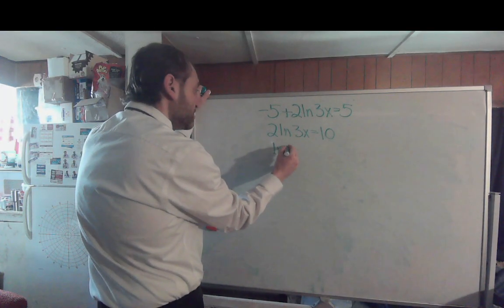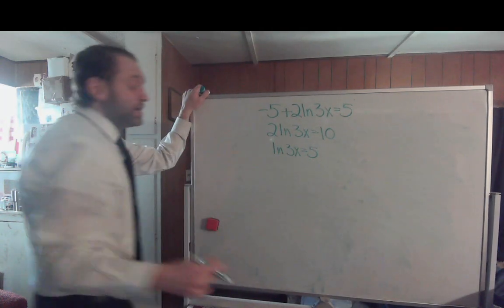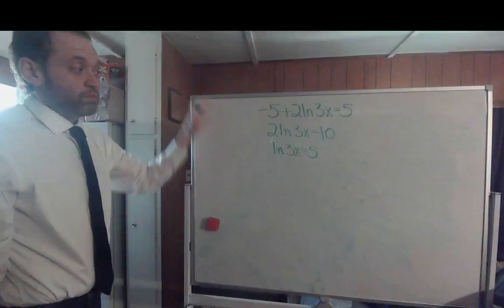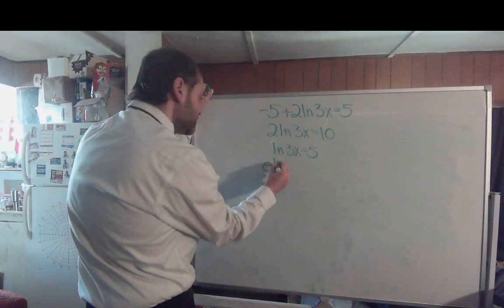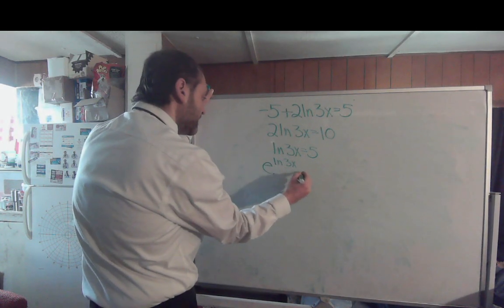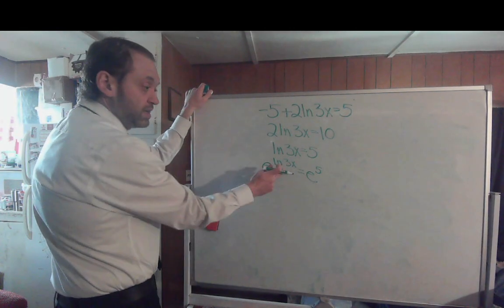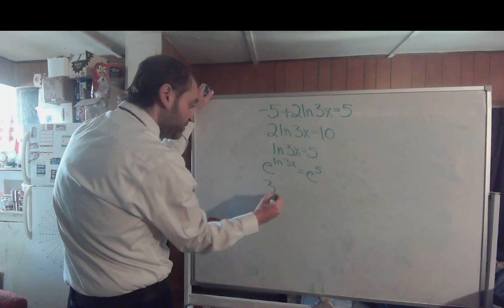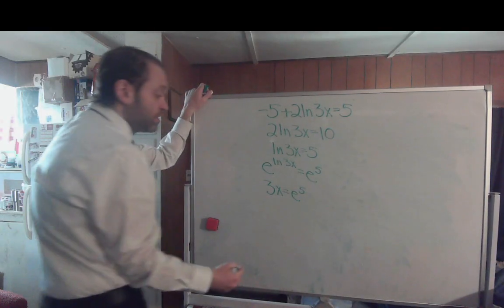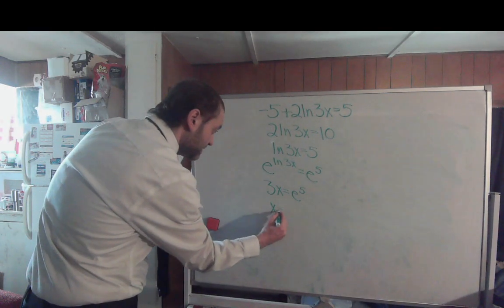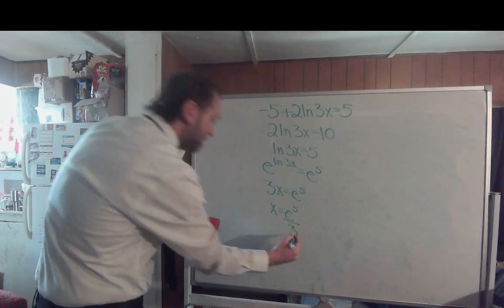So that would turn into the natural log of 3x equals 5. And now we just got to raise e to the power of both sides to cancel out the log. So e to the natural log of 3x equals e to the fifth. The log cancels out on the left side. That would give you 3x equals e to the fifth, which then means that x equals e to the fifth divided by 3.